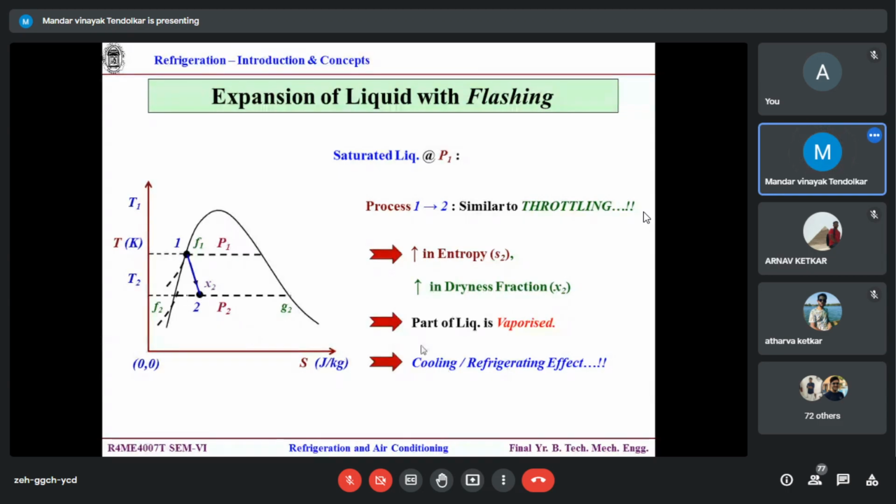This is how it absorbs heat from the refrigerated space and converts a certain amount of liquid to vapor, and what you observe as the output in the refrigerated space is the cooling effect. The working substance absorbs the heat and changes its phase from 100% liquid to liquid plus vapor. Since it absorbs heat from the refrigerated space, there is heat removal, so that is the cooling effect. Do you agree?